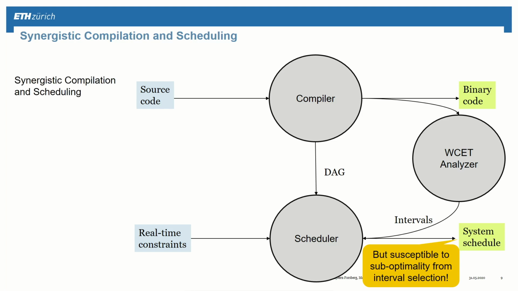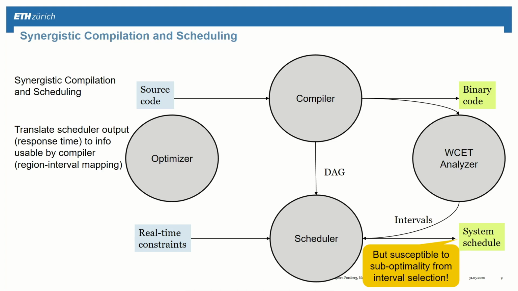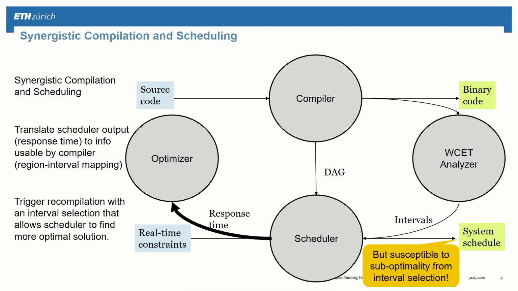This is where the synergistic compilation and scheduling comes into the frame. We do this with a new optimizer, which translates the scheduler output, the response time, to a format understandable by the compiler to select better intervals. But how?